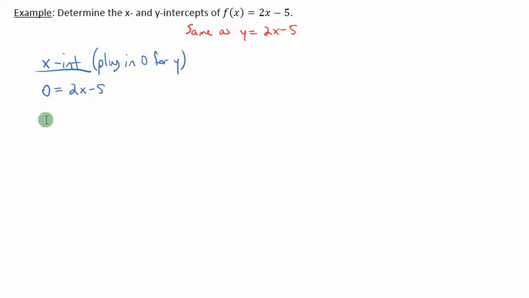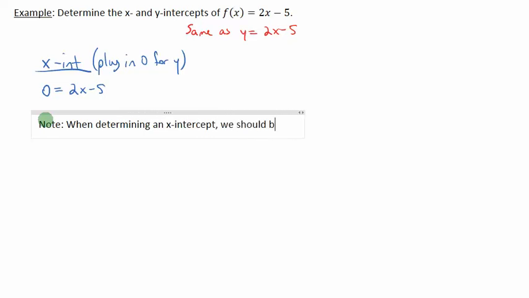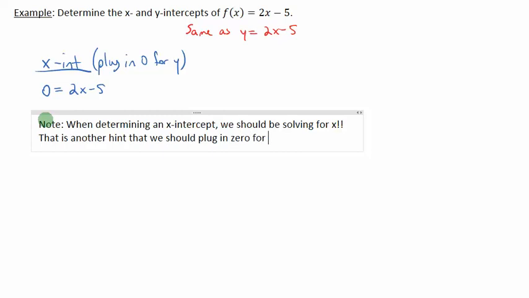So I want to make a note here. When determining an x-intercept, we should be solving for x, right? If you want to know the x, you better solve for x. That is another hint that we should plug in 0 for y.